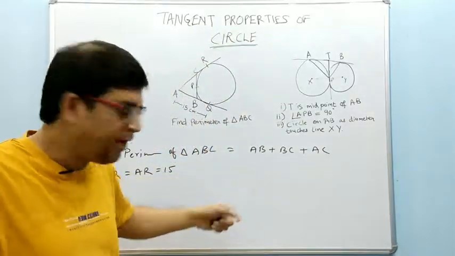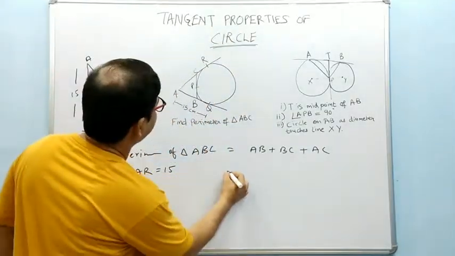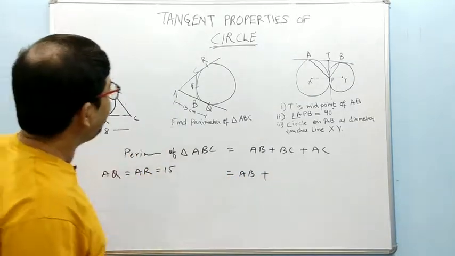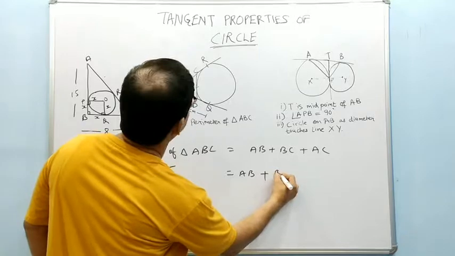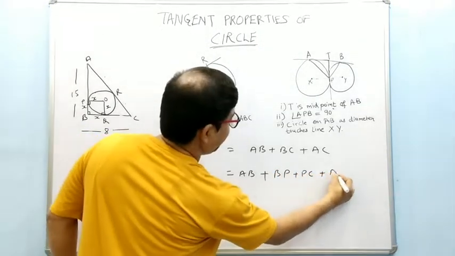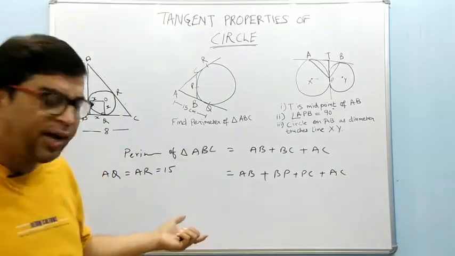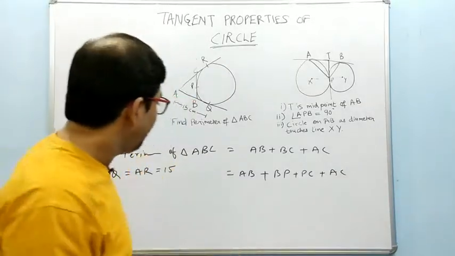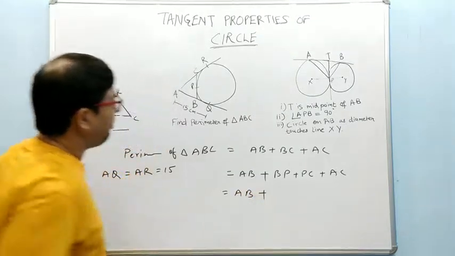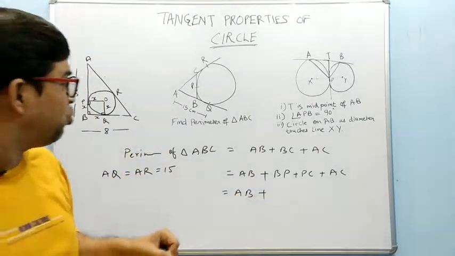Firstly, we should proceed. So AB can be written as AB, and BC can be written as BP plus PC. And AC we cannot do anything, so we just write AC. Now you see AB, and can you tell me what BP is equal to?